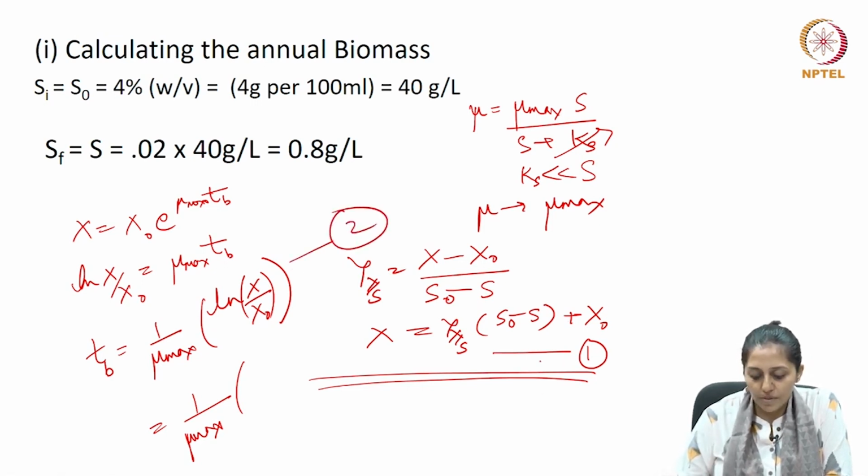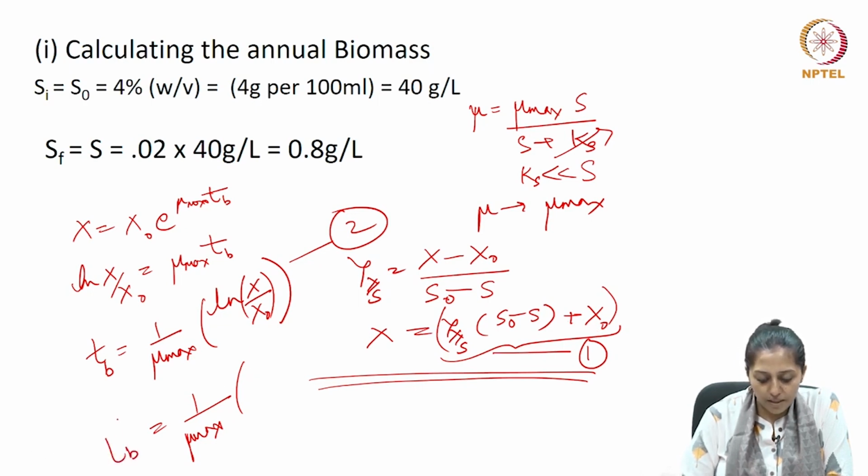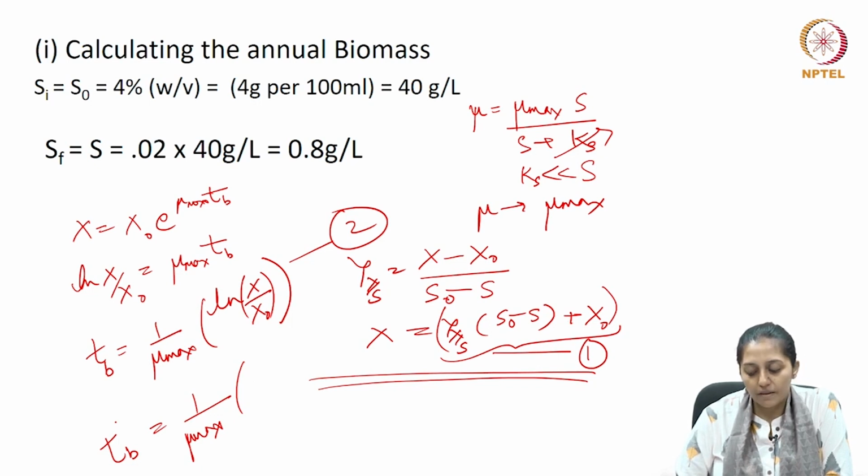If we substitute x in terms of the entire portion which I have put in curly brackets in equation 2, then you can calculate the value of batch time, because the rest of everything in this equation is known. We know S, we know S naught, we know x naught.